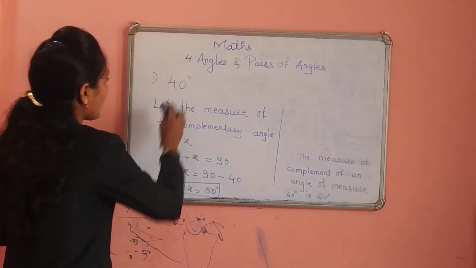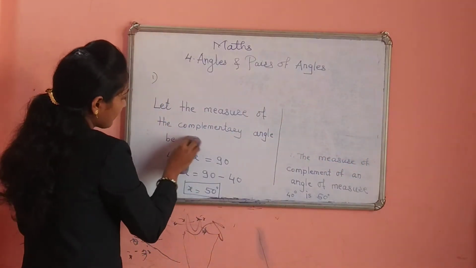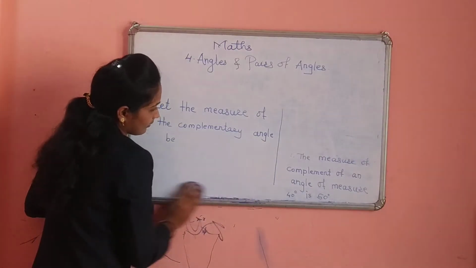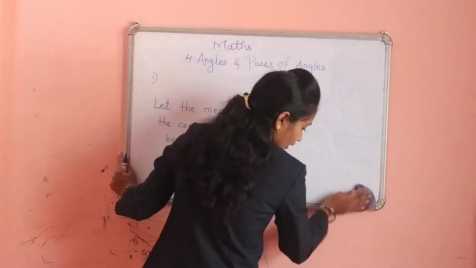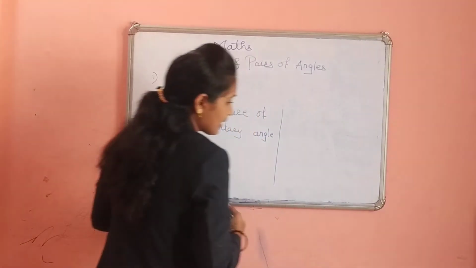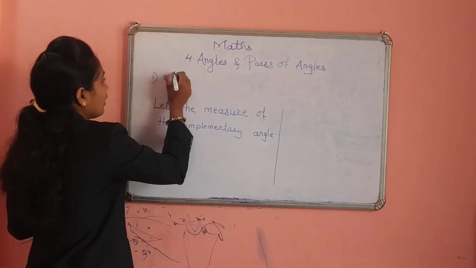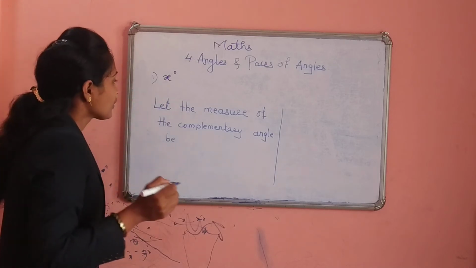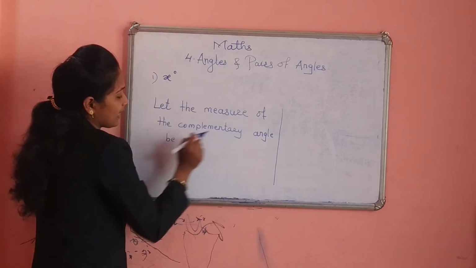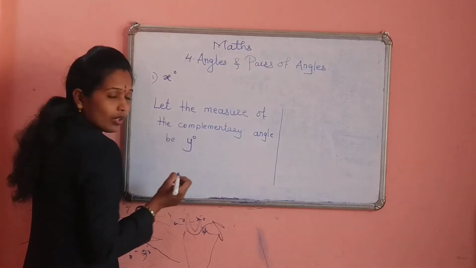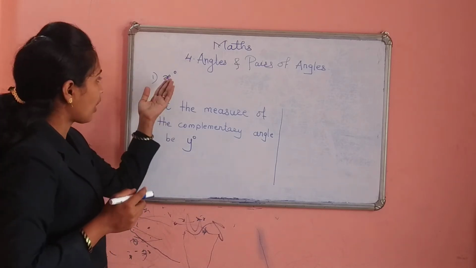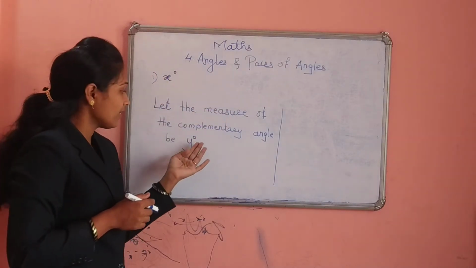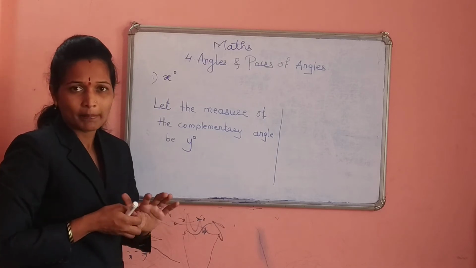By the same way we have to take the last example. Now pay attention. Last example is x degree. We have to find out the complement of x degree. So let the measure of the complementary angle be y degree. So don't consider x, because already we have given x degree and we have to find out the next complement angle.